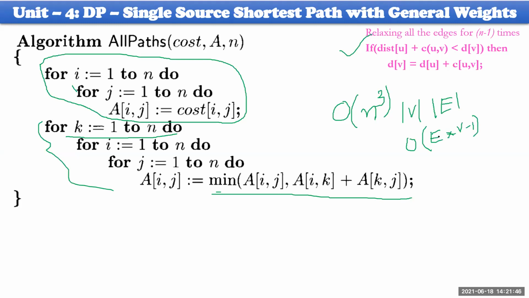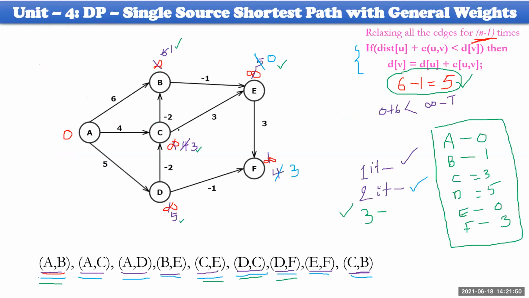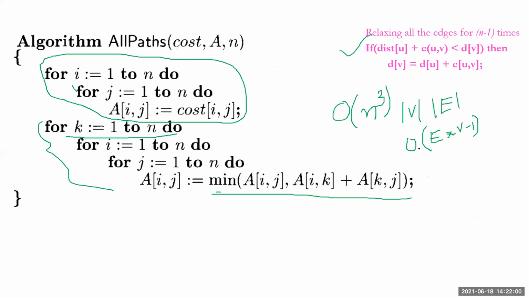For an incomplete graph, what do we mean? There is one more edge missing; actually, we need to draw one more edge from C to F also. There is no edge, so it is an incomplete graph. For incomplete graphs, if the number of edges is n and the number of vertices is also n, it gives you n square.